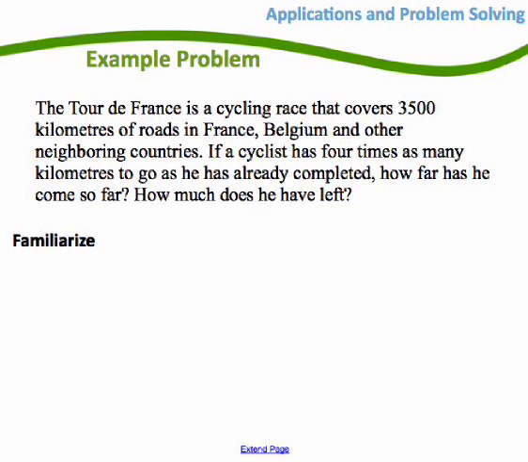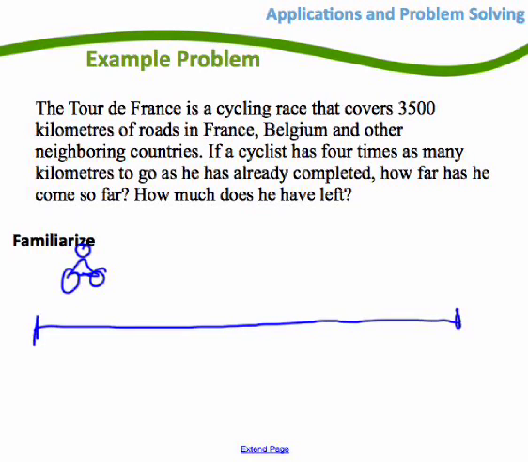Okay, so it's cycling. Maybe I'll just draw a bike for now, with a pretty bike guy on top of it. Let's see, so 3,500 kilometers. Maybe I can draw a line to represent the start and finish, and that whole way is 3,500 kilometers.